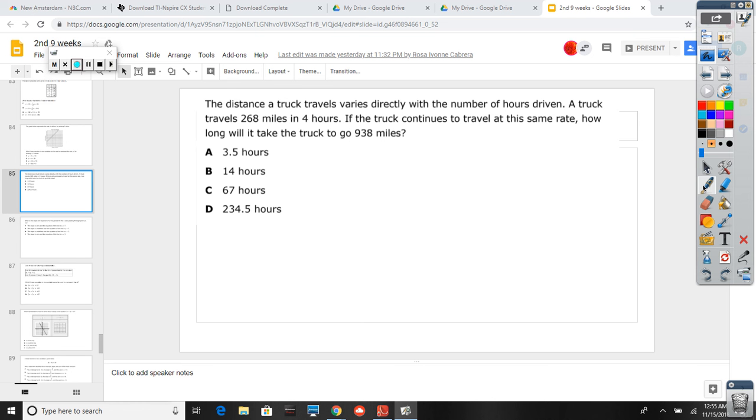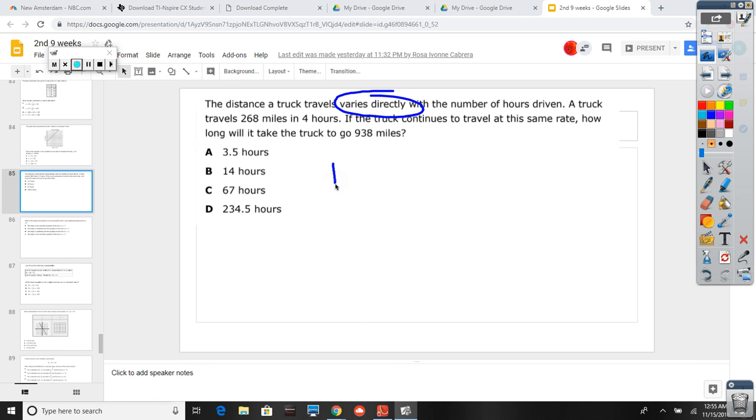Anyway, anytime you see this varies directly, it's pretty much a proportion, okay? And you learned about this, I believe, like in 6th grade, maybe 5th grade, when they told you, like, oh, if it takes 1 cup of flour to make 1 cake, how many cups of flour does it take to make 3 cakes, right? Proportions. That didn't make a lot of sense, but let me show you what I mean.